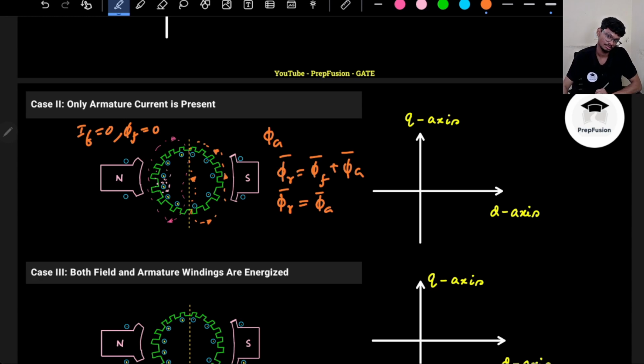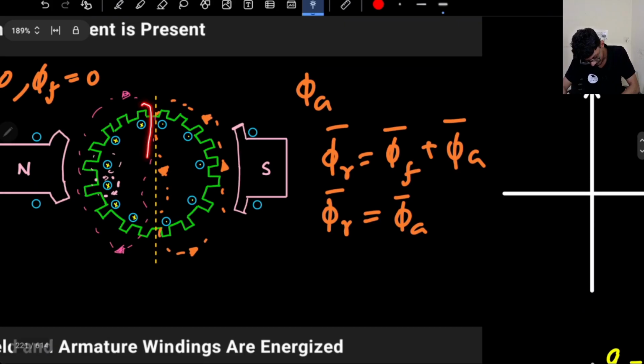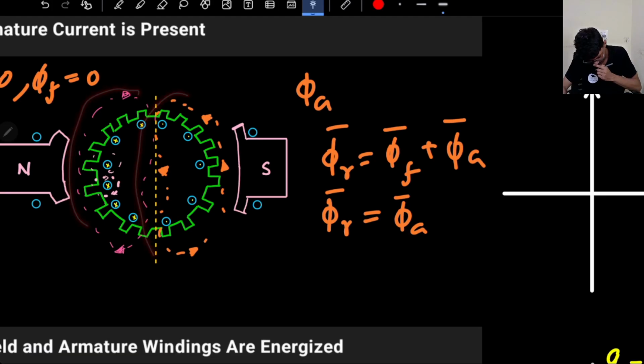Now what is the direction of the armature flux? Here the flux line is going downwards, here downwards, here the flux line is going upwards, here also upwards. On the outside it is upwards, on the inside it is downwards.